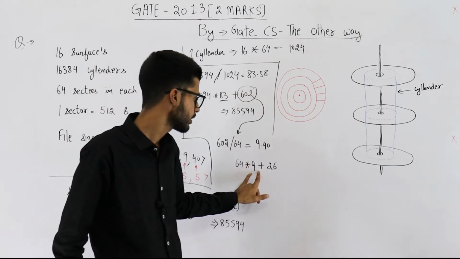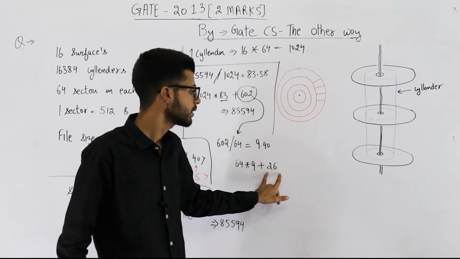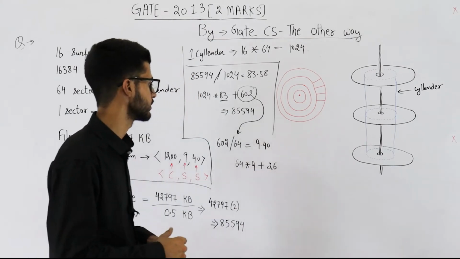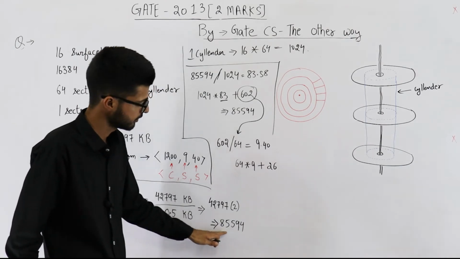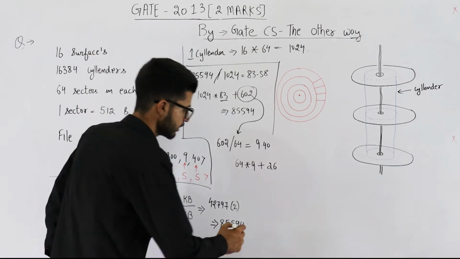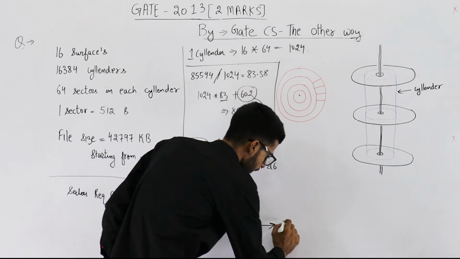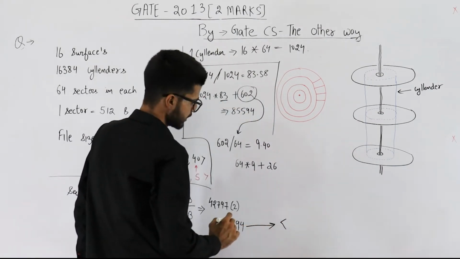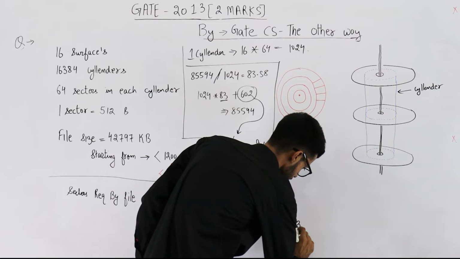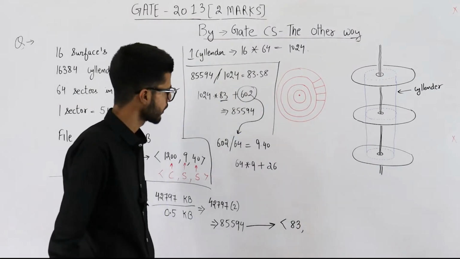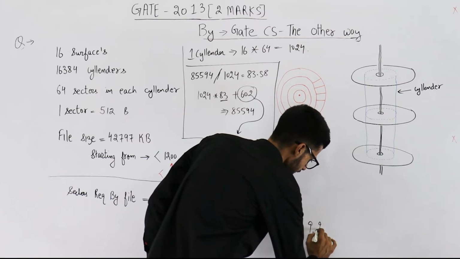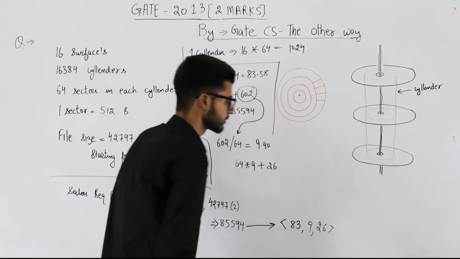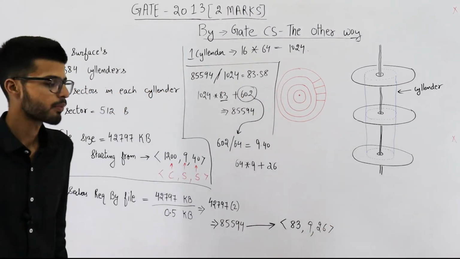That will be 9 complete surfaces plus 26 sectors extra. So these many sectors will contain 83 cylinders, 9 surfaces and an extra 26 sectors.